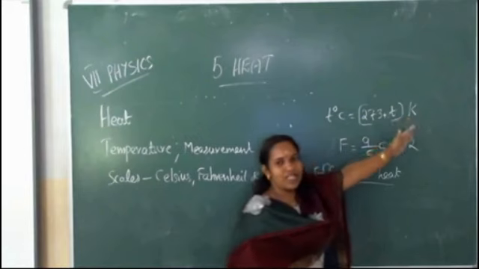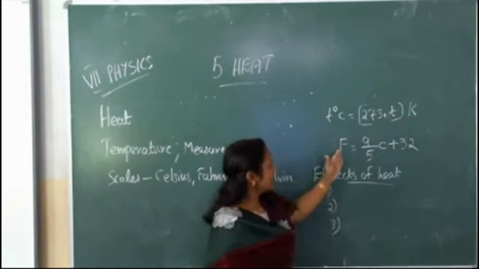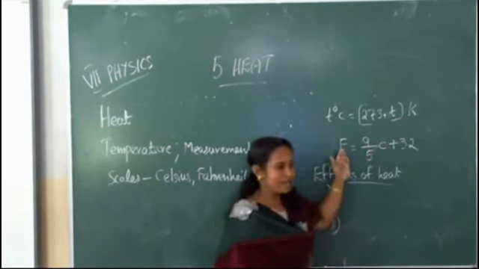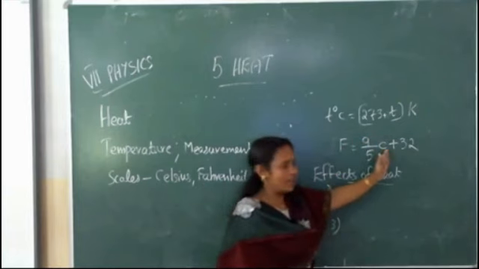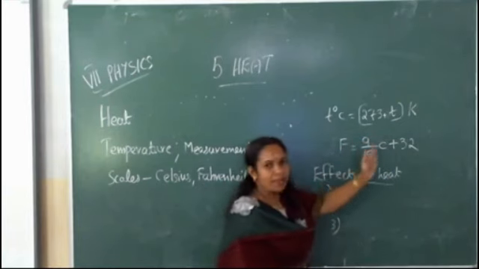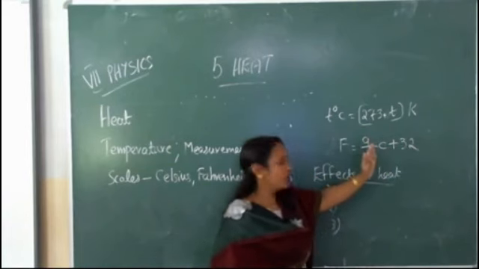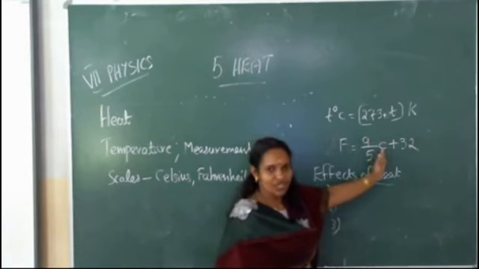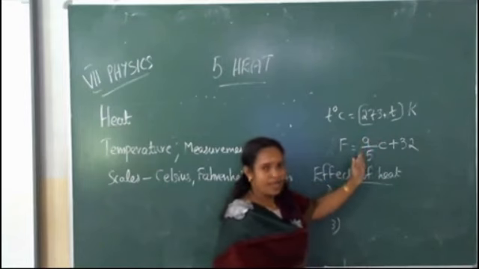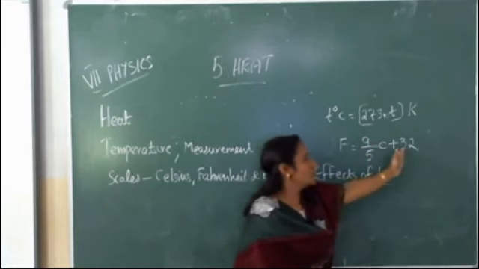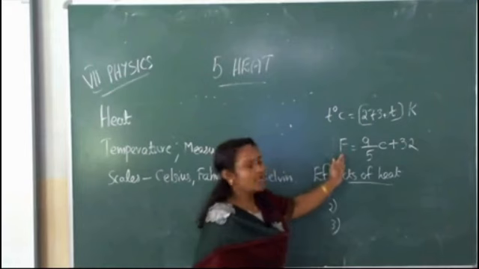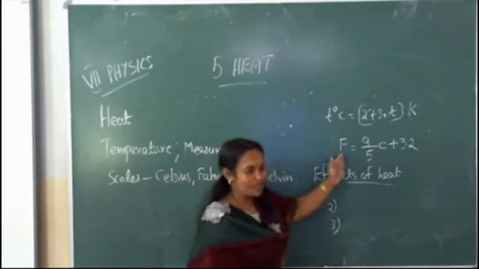You will get the temperature in Kelvin scale. And this is the relation connecting Fahrenheit temperature and Celsius scale temperature: F is equal to 9 by 5 C plus 32. Here also, if you know the temperature in Celsius scale, just multiply by 9 by 5, then add 32 to that number, then you will get the temperature in Fahrenheit scale.